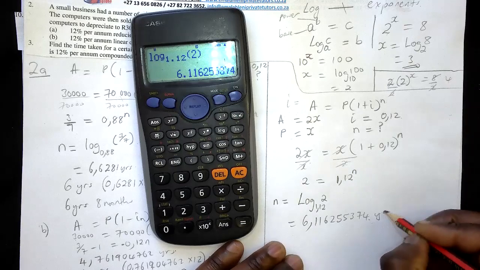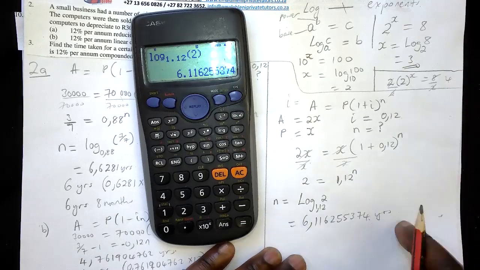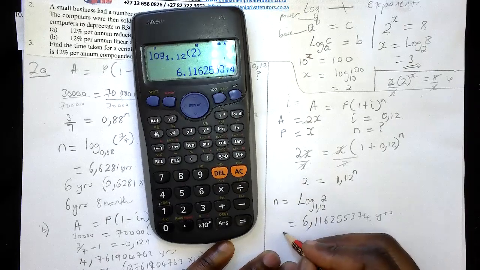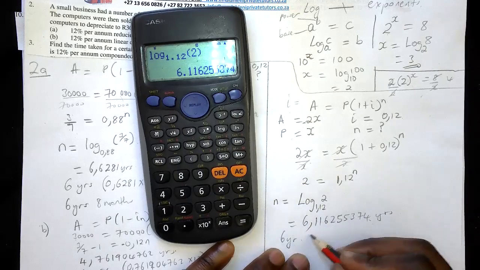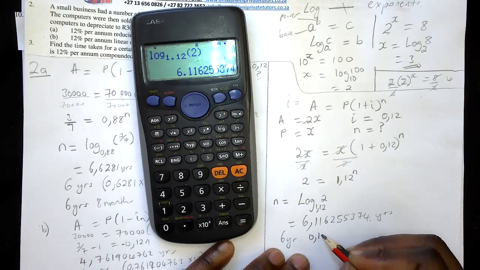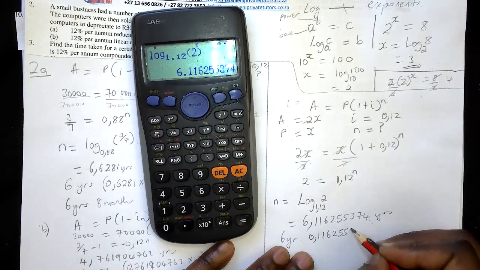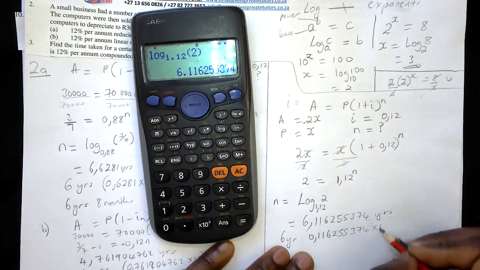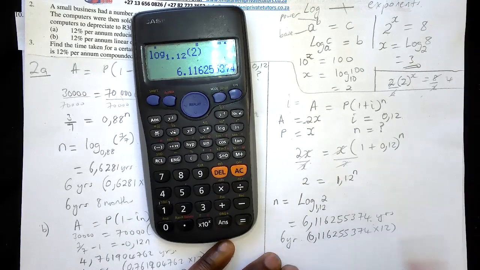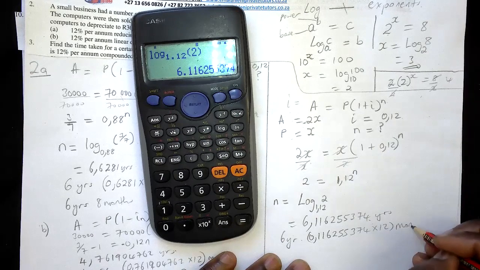Yes, so these are years, but we want to find out how many months. We know that it's going to be 6 years. Then what else do we have? 0.116255374 times 12. These are your months.